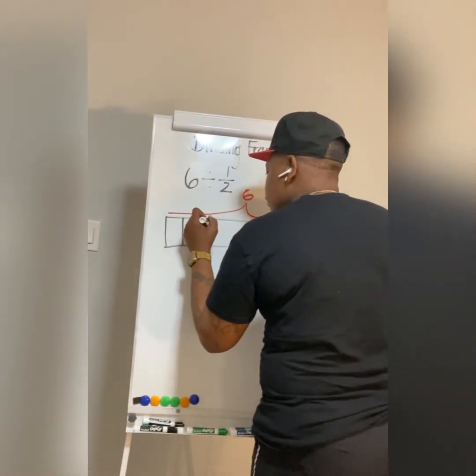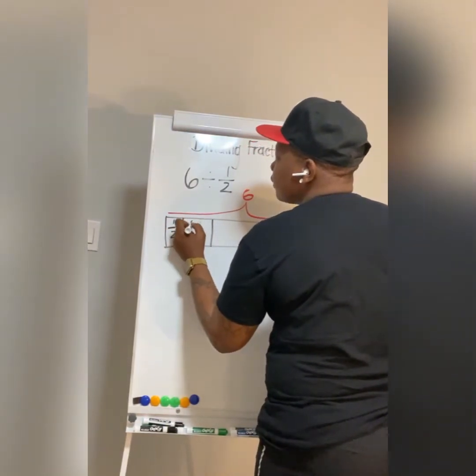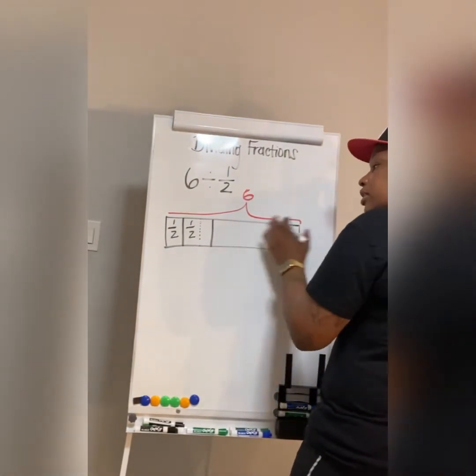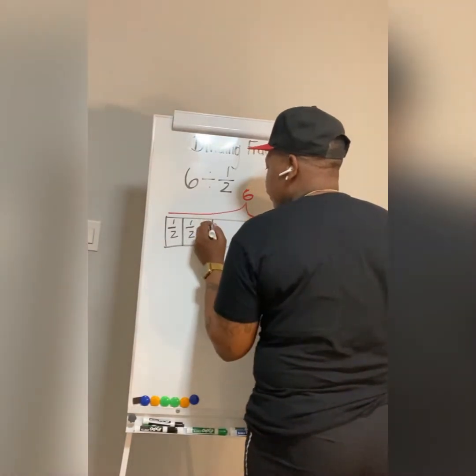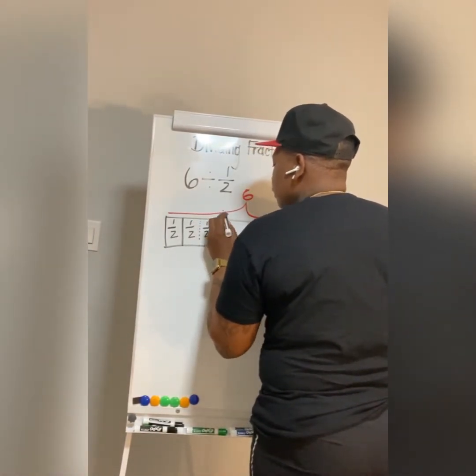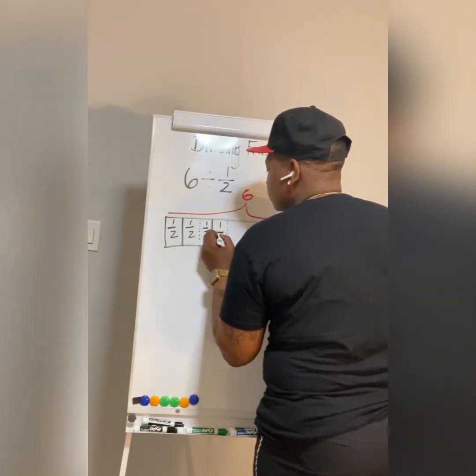And I'm just drawing these out because we know that 1/2 and 1/2 is going to give me 1, right? So I got to do this until I get to 6 wholes, right? So this is another half.